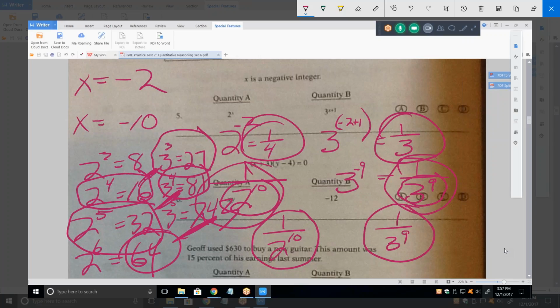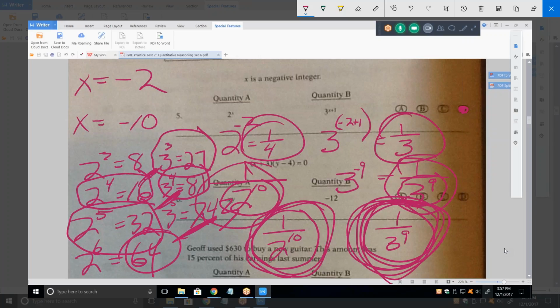So what's the answer? A. D. Oh, wait. Because we found both cases. We found a case where B was bigger than A, and we found a case down here where A is bigger than B. And you have to be really careful.